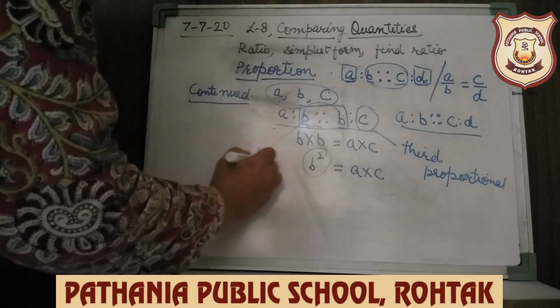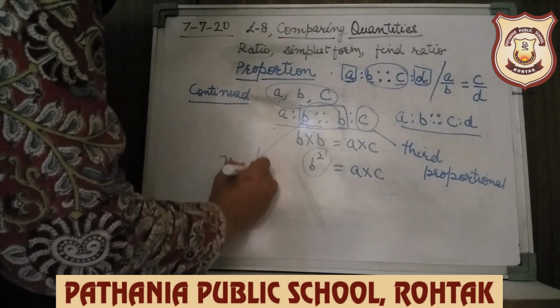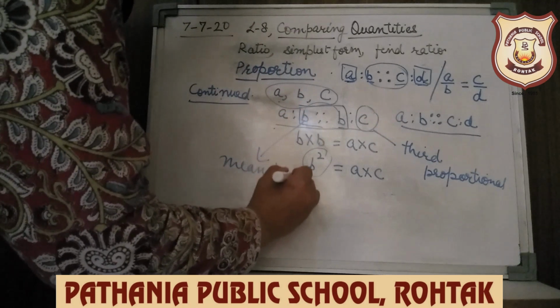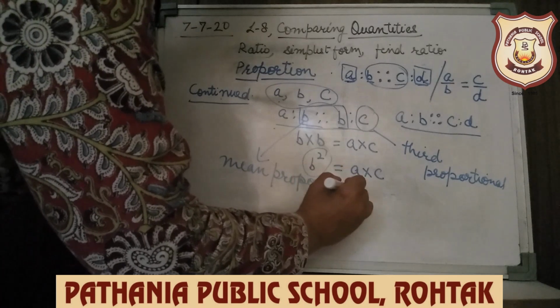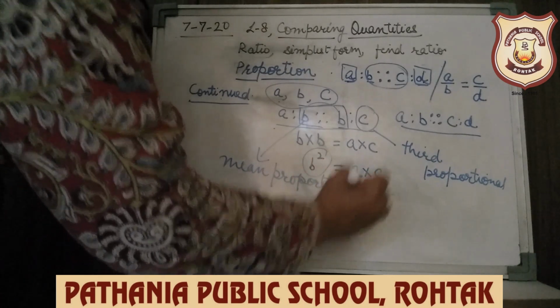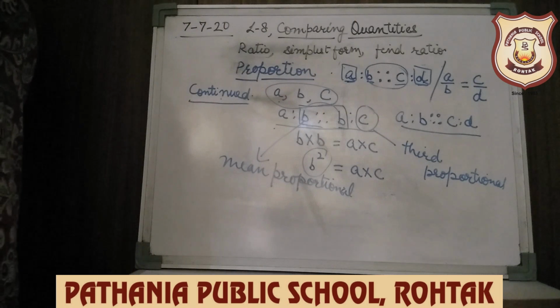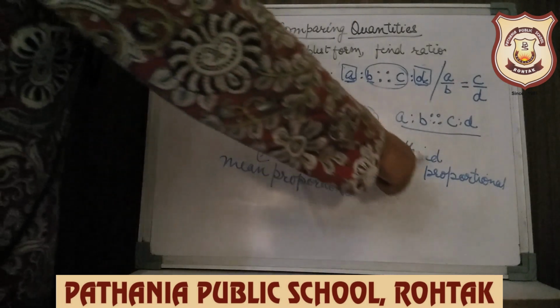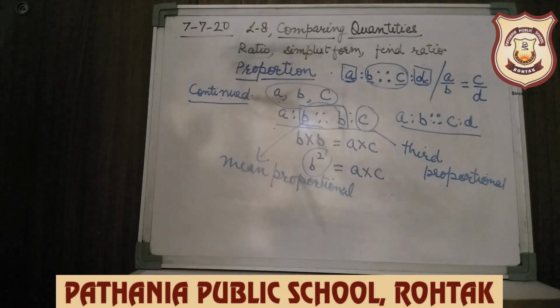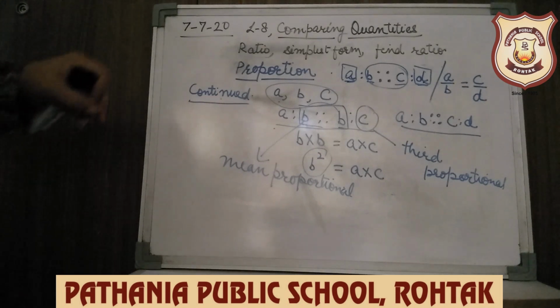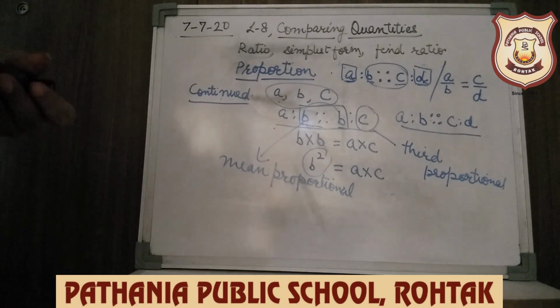B is the mean proportional. These things are very important. Understood? C is the third proportional and B is the mean proportional, which you repeat so as to find the unknown one, and it will depend upon the question we solve. I hope these things are clear to you.